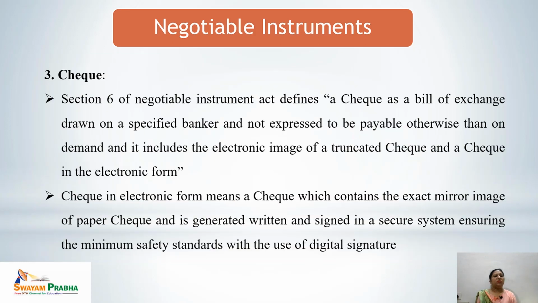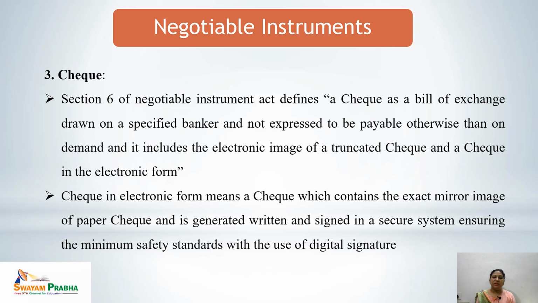Now we come to the third negotiable instrument, that is the check. Section 6 of the Negotiable Instruments Act 1881 defines the meaning of the check. A check is a bill of exchange drawn on a specified banker and not expressed to be payable otherwise than on demand, and it includes the electronic image of a truncated check and a check in the electronic form.